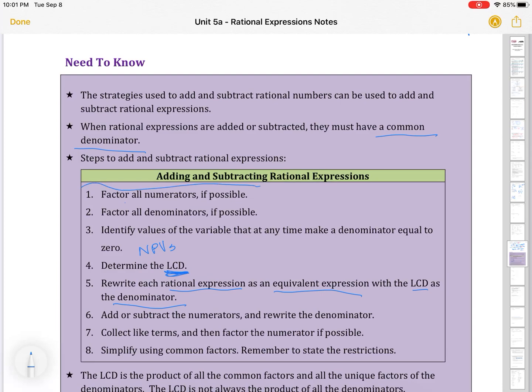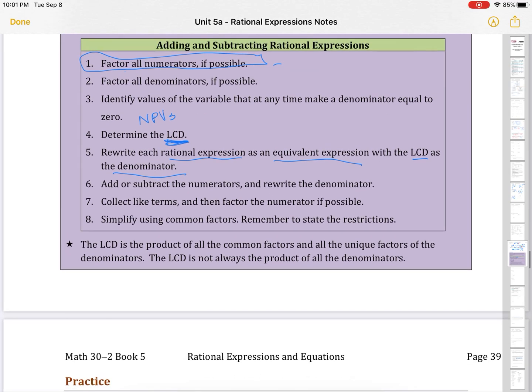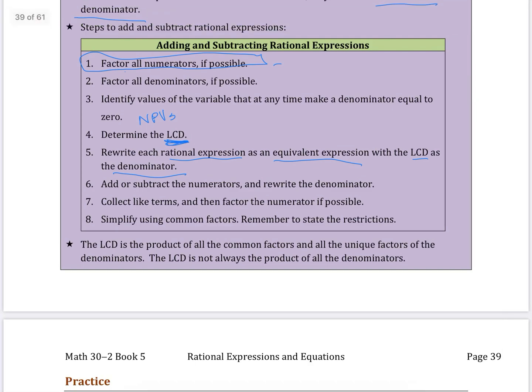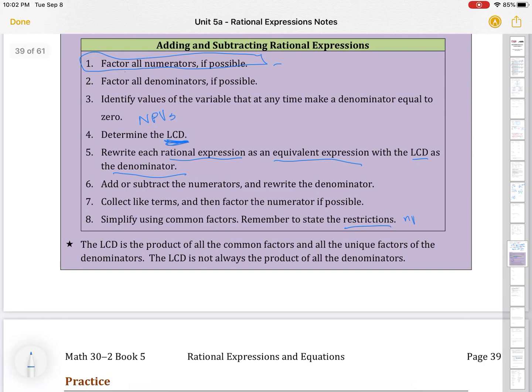I would actually say in question number 1 or part 1, you don't do that very often. Unless you can reduce your fraction and make it simpler, that's the only time you would actually factor the numerator. After you get your answer, simplify using your common factors, and then remember to state your restrictions, your NPVs.